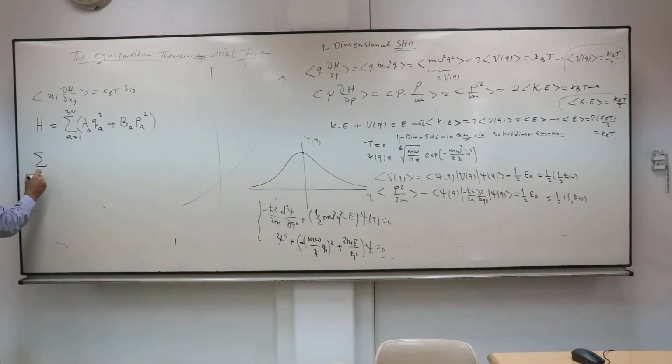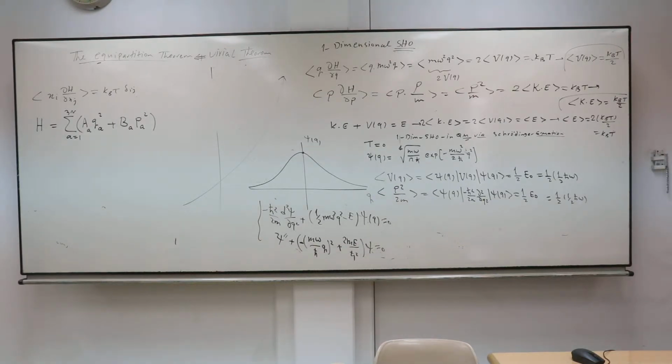So I can make a summation from 1 to 3n, x_i partial x_j. Not now, later. So this is the Hamiltonian.